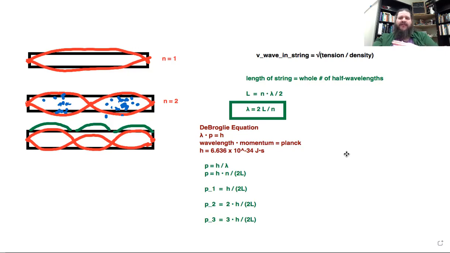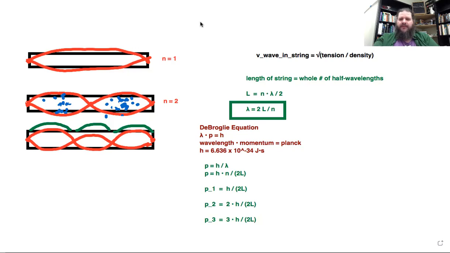The fourth one was exactly 4 times as much as the fundamental frequency. And you can certainly get fractions if you're looking at the higher values compared to each other. But you can do the same thing here. Like if you compare, for example, the second momentum and the third momentum, the third momentum is exactly 1.5 times as much as the second momentum. But they're all exact whole number multiples of the fundamental momentum, P1.